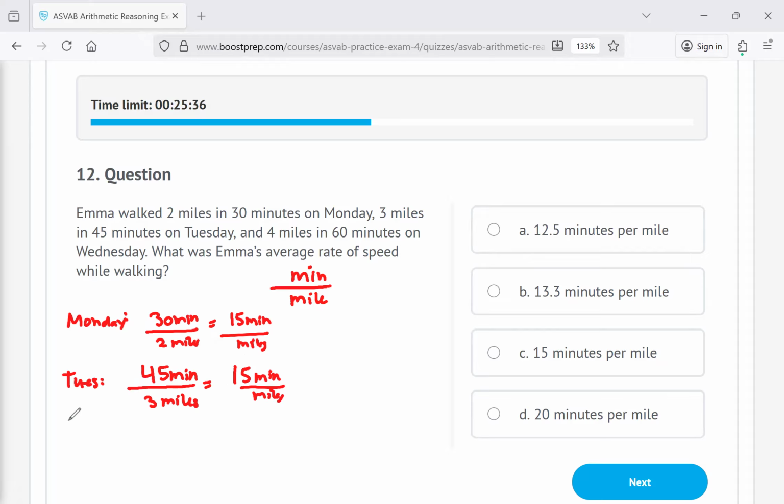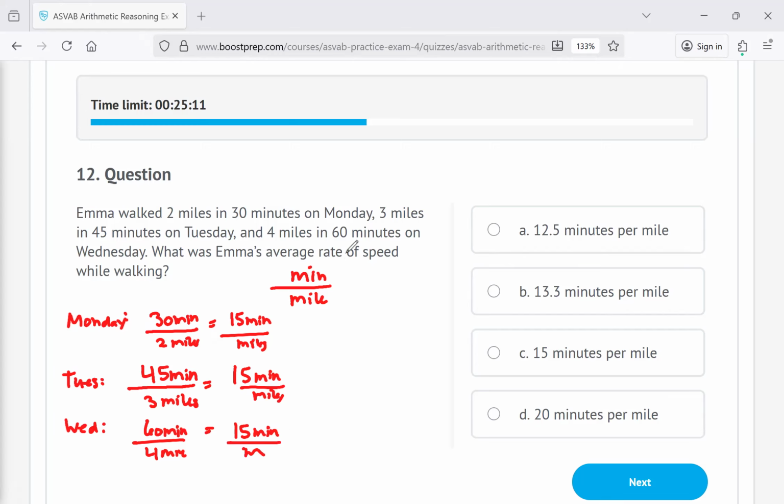Okay. What about Wednesday? It looks like she walked 60 minutes and 4 miles. When you simplify that, 60 divided by 4 is 15. So it looks like all her speeds are the same.